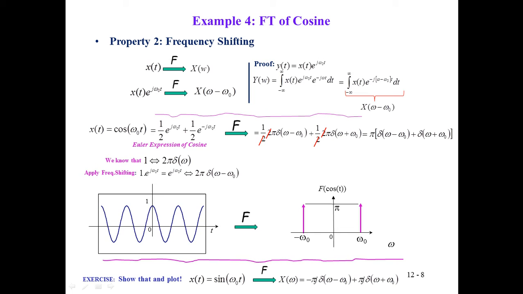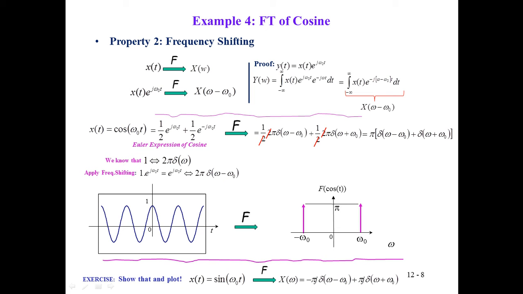Here we notice that the Fourier transform of cosine omega 0 t is real valued because, as given in the previous example, the cosine signal is even symmetric.